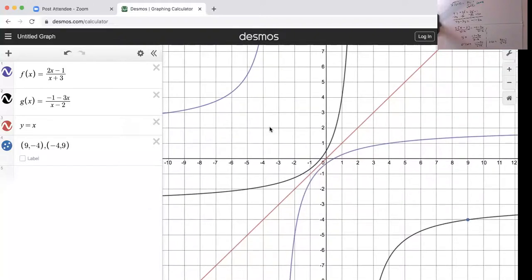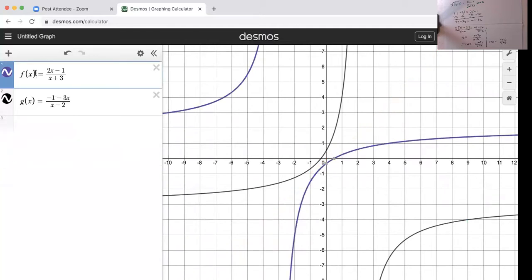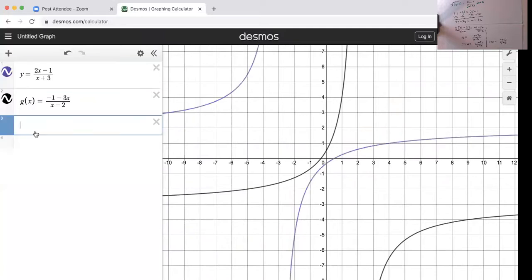There is another way that's equally interesting. I'm going to rewrite f of x. And there you see the purple function is f, and the black function is f inverse, which we're calling g. What's the other way I can construct the inverse function? Now, this is not solved, but this gives me a graph.